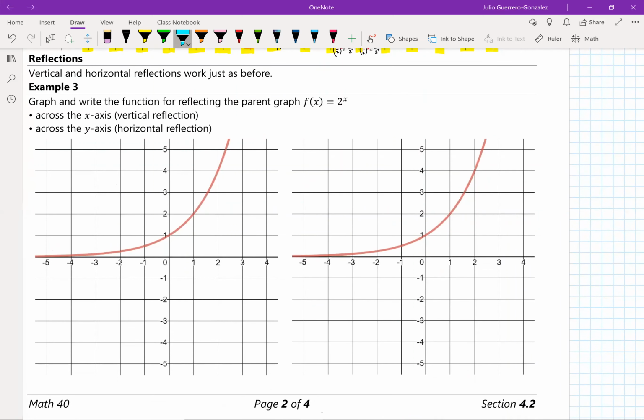So again, for example 3, we are going to start with 2 to the x. The first one's going to be a vertical reflection. So that's going to be this one, 2 to the x, with the negative.